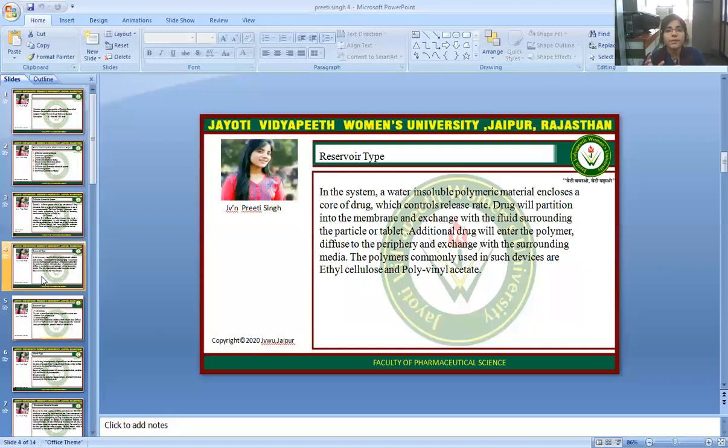The drug will partition into the membrane and exchange with the fluid surrounding the particle or tablet. Additional drug will enter the polymer, diffuse to the periphery and exchange with the surrounding media. The polymers commonly used in such devices are ethyl cellulose and polyvinyl acetate.